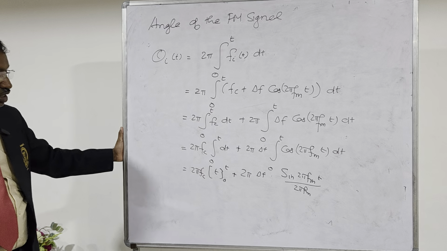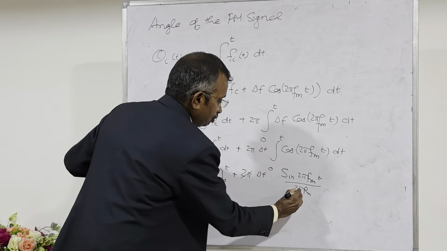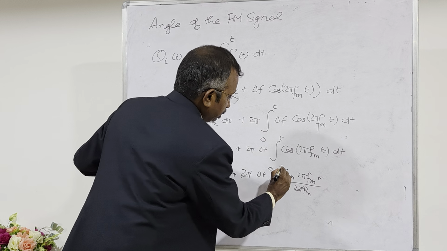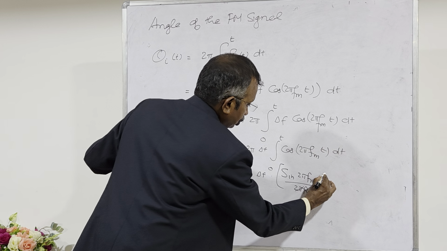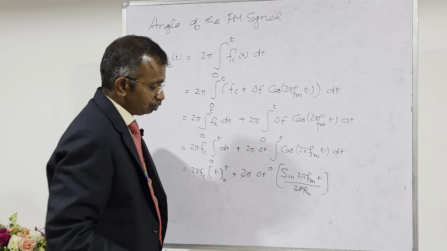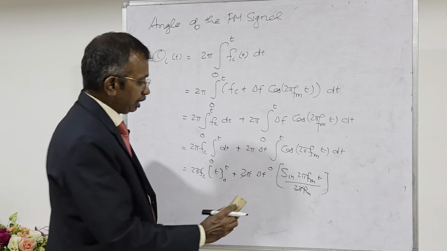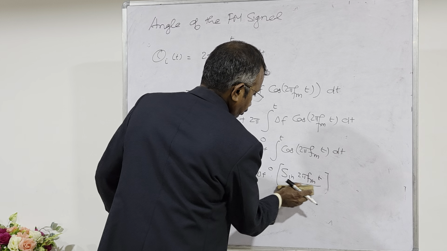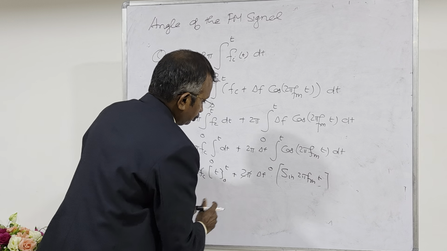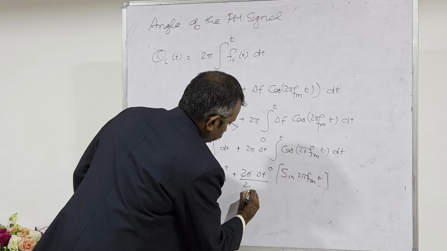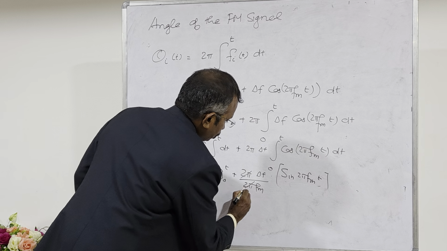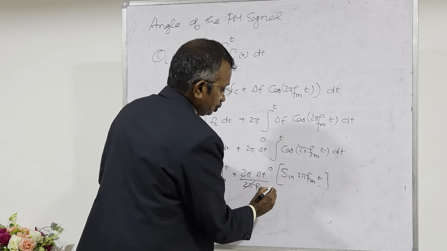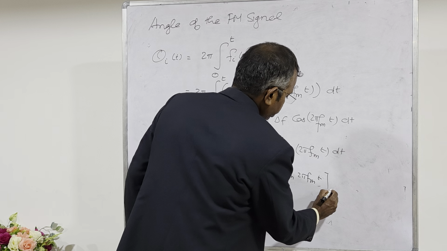Then this 2 pi and 2 pi will get cancelled, so that I have sin 2 pi fm into t from 0 to t.